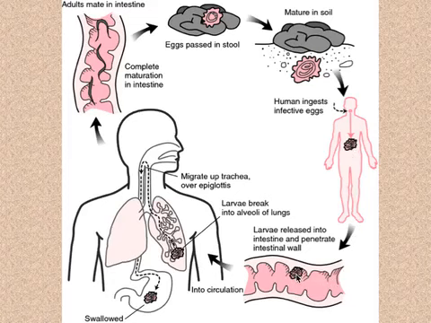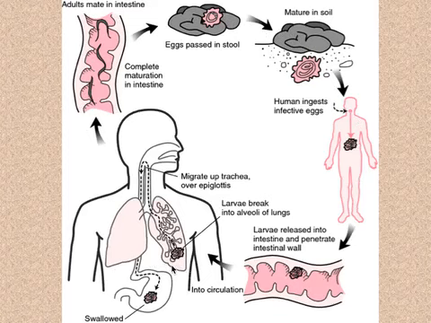The larvae are small enough that they can break through the intestinal wall, and they travel up into the lungs, where they crawl up the windpipe, back down, and into the stomach. And then they mature in the intestine and then are passed out in the stool. So this is the life cycle of the ascarid worm.